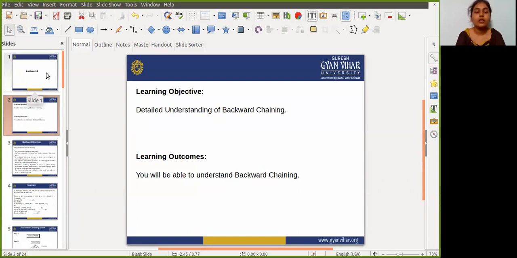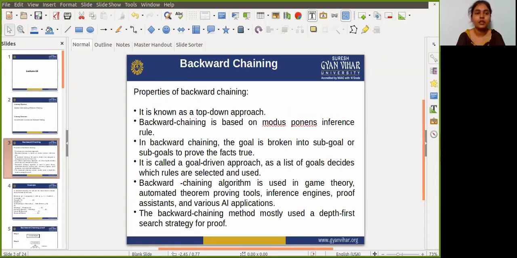So after learning this chapter you will properly understand what backward chaining is, what type of algorithm uses the backward chaining method, and what type of statements or predicates you have when you will use backward chaining. So let's understand what the backward chaining method is.